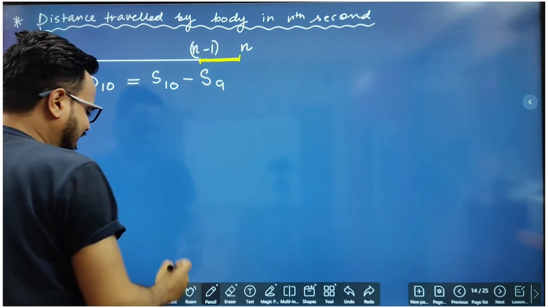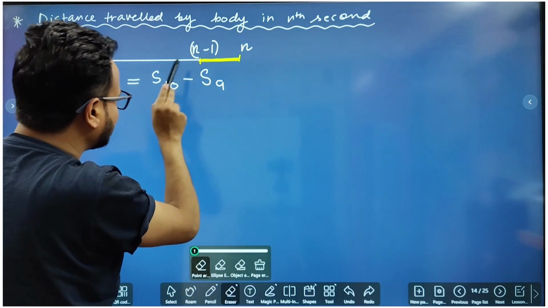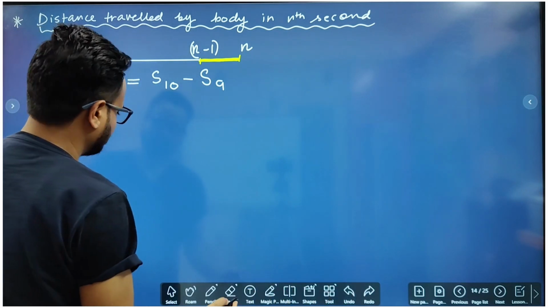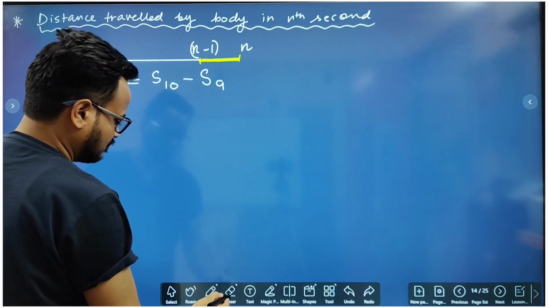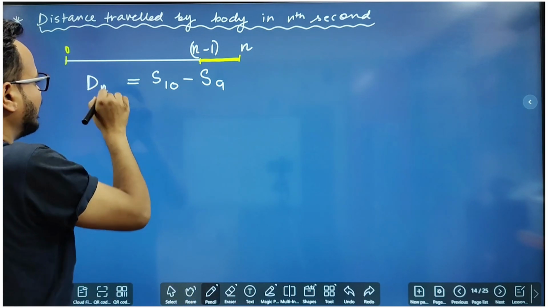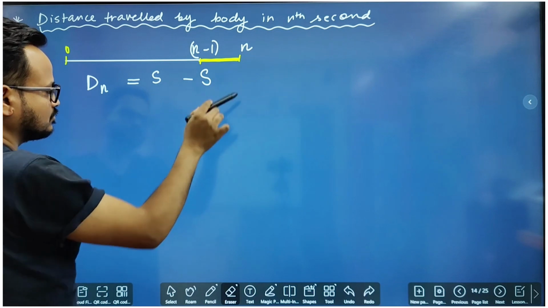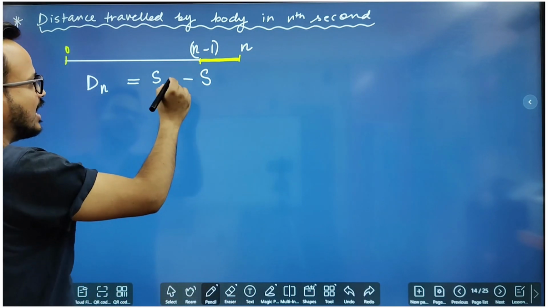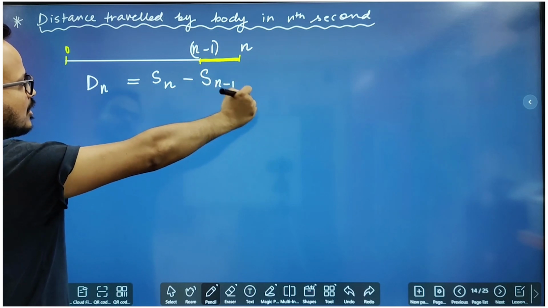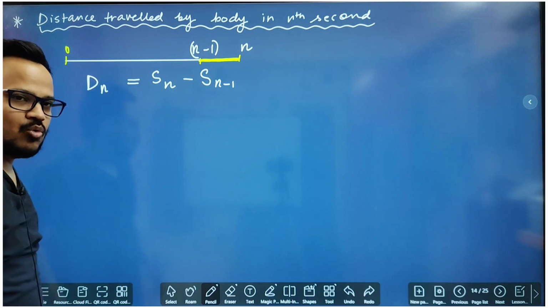So what will be Dn, that is the distance traveled in nth second? That Dn will be Sn minus Sn minus 1.